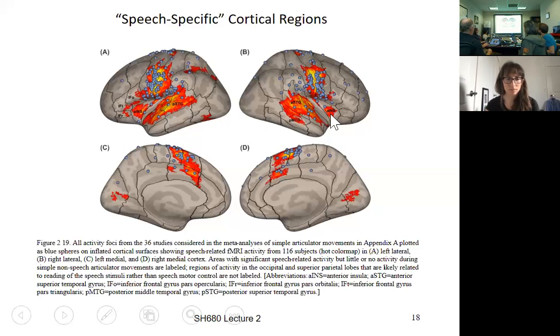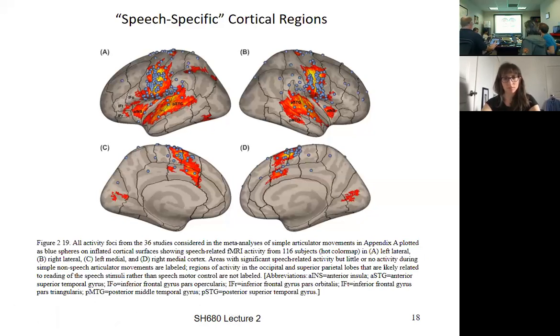Less so on the right, especially the inferior frontal gyrus, which is that speech. So this stuff makes a lot of sense. These are language areas, and they're also involved in speech motor programming, very likely. And so these areas are probably largely involved in the planning of speech, whereas superior temporal gyrus is probably largely involved in decoding speech and representing the sounds so that you can use them to correct movement errors, for example.